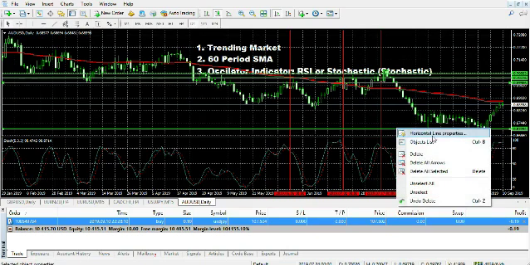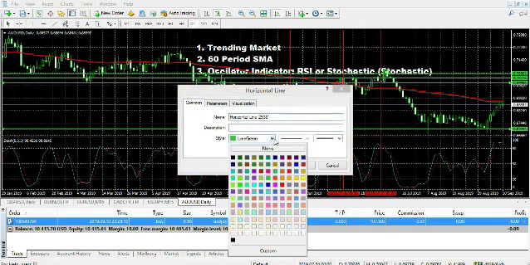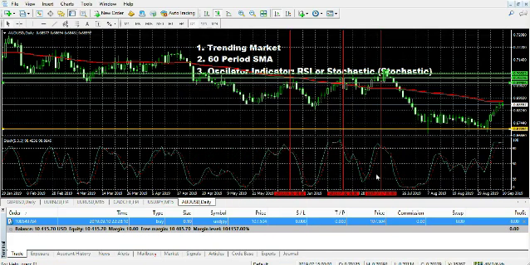I'm going to change this to gold. I use my markers. I use gold for markers, red for stop loss. Okay. All right. Now, for my first trade, usually I will put my stop loss a little above this point. That is a little above the moving average.